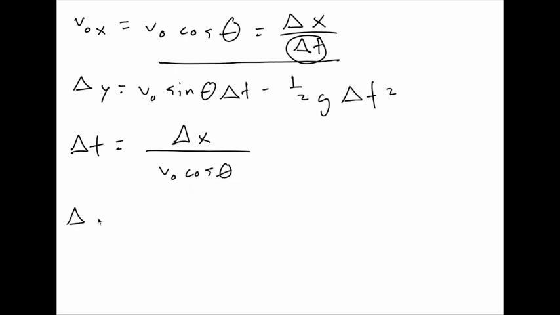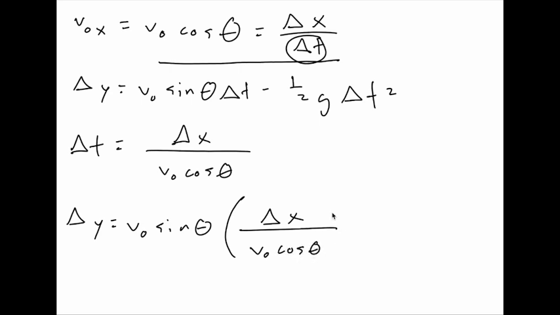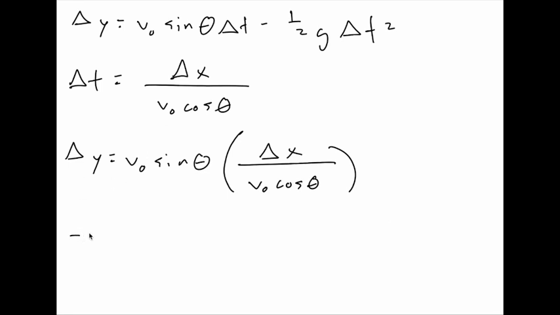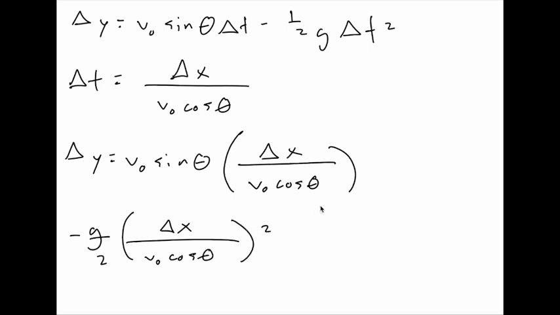So then delta y is just V naught sine theta times delta x over V naught cosine theta, right? Minus g over 2 times delta x over V naught cosine theta squared, okay?